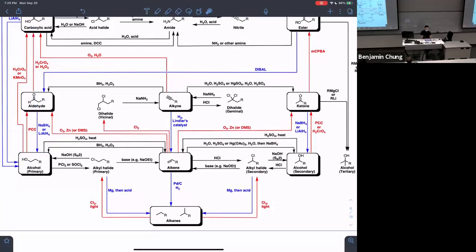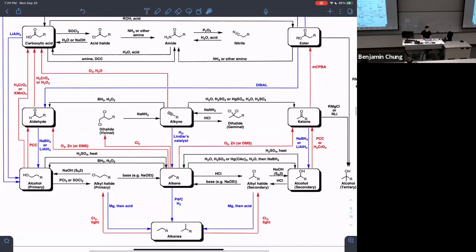So this is a way for you to categorize in your mind what reactions are necessary to get to what functional groups. Anytime you see an alkene, you can think, oh, it's just one step away from an alcohol. But if I want to get to an aldehyde from an alkene, I actually have to do an oxidation to get to that point.